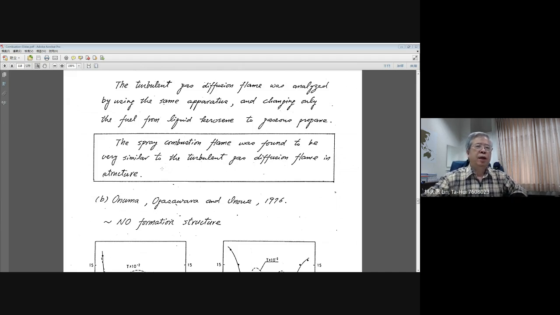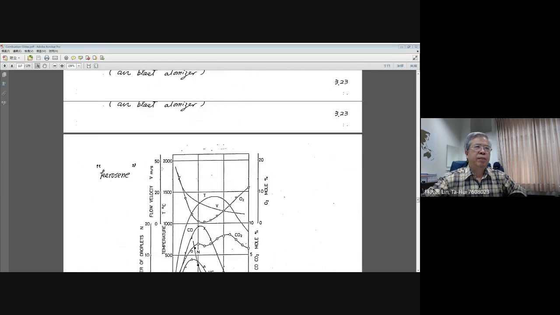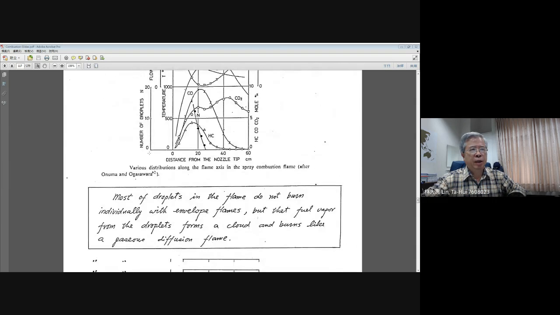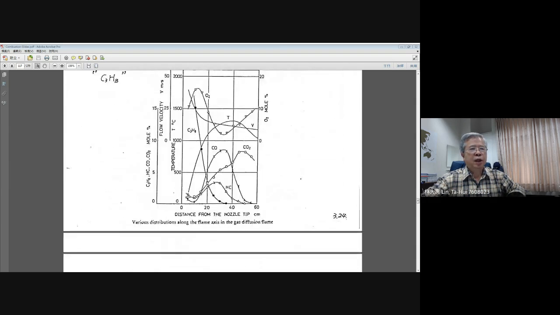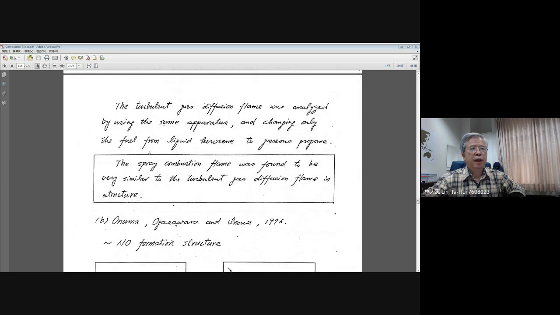I need to emphasize that in the experiments they use an air brush atomizer and a low boiling point liquid fuel, kerosene, and then they have this nice comparison between the kerosene spray flame and the propane gaseous diffusion flame.